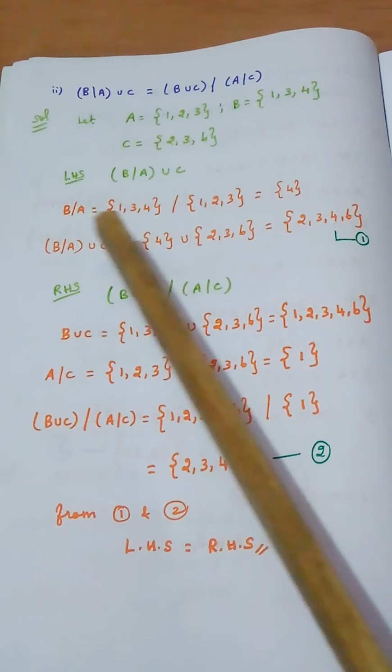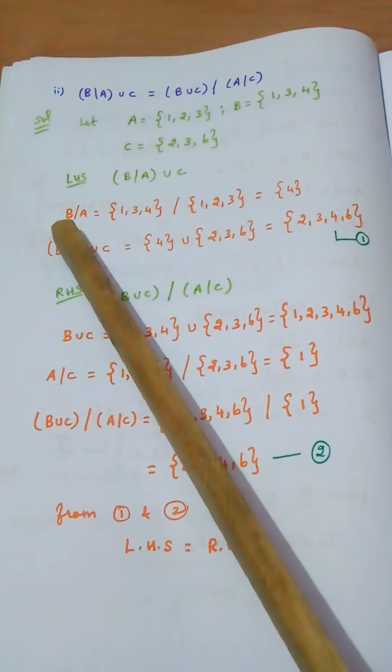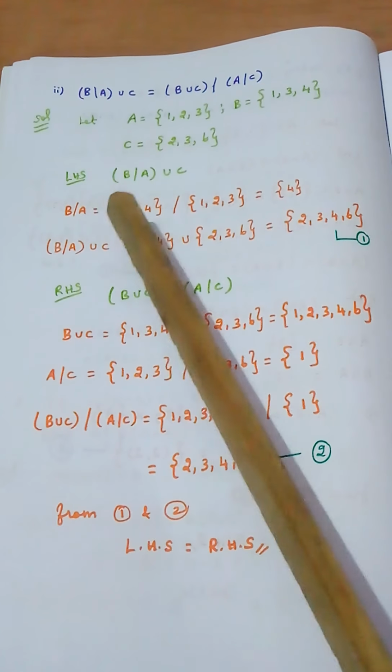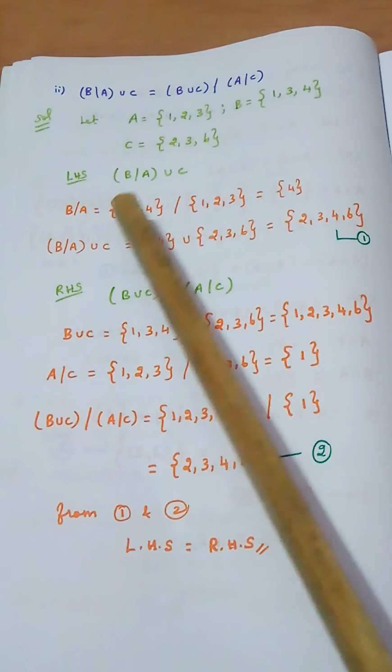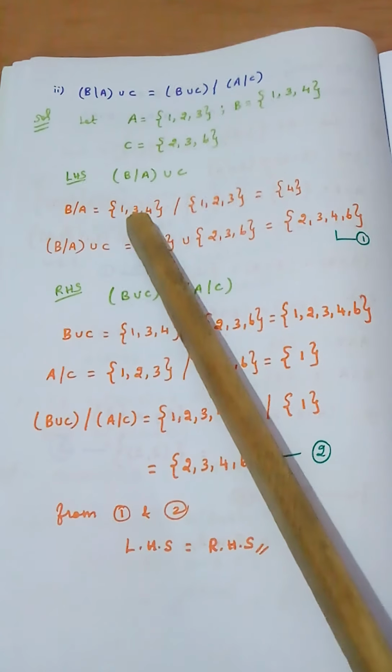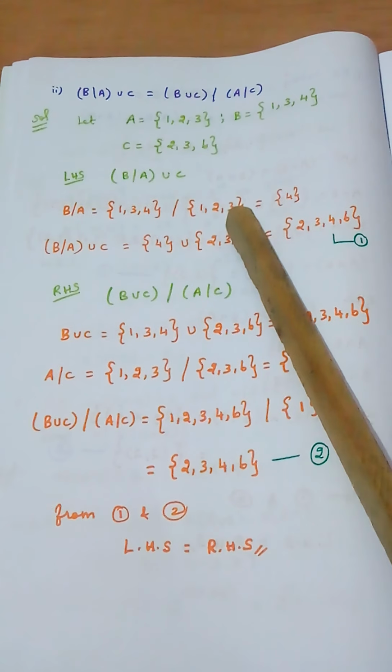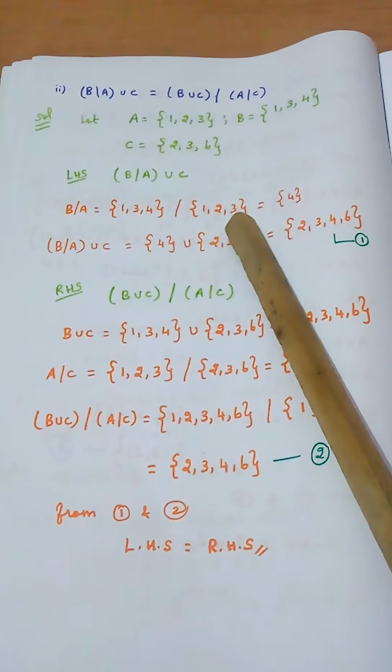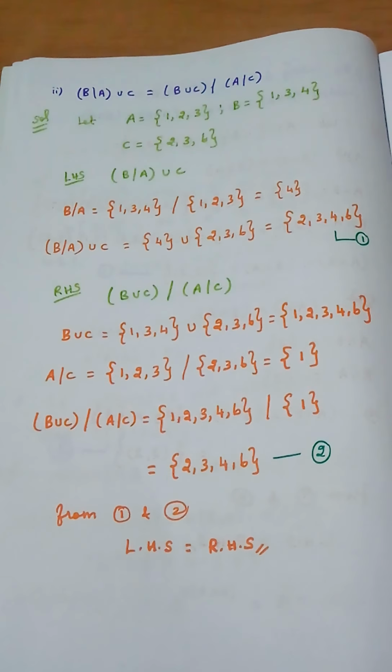Again I repeat, difference means present in the first set, absent in the second set. 1 present in the first set, but it is not absent here. 3 present but not absent here. 4 present, absent here, so I should write only 4.